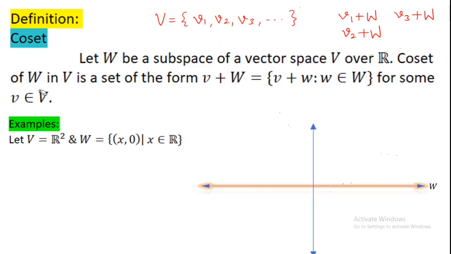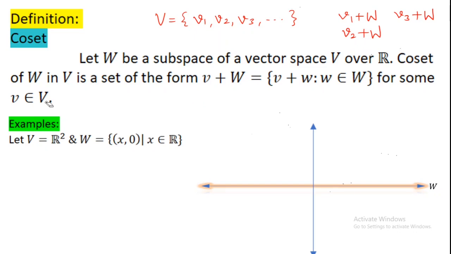Now, what is the meaning of coset of W in V? The meaning is that whatever v we are taking over here, we are taking it from the vector space V, right?